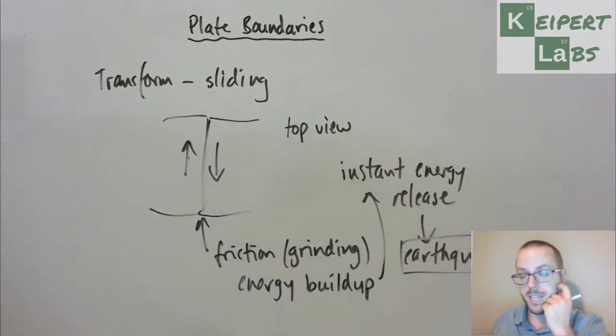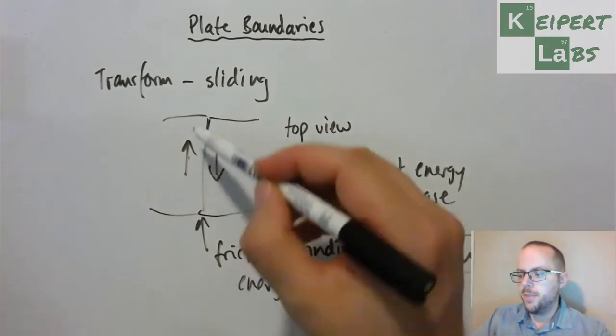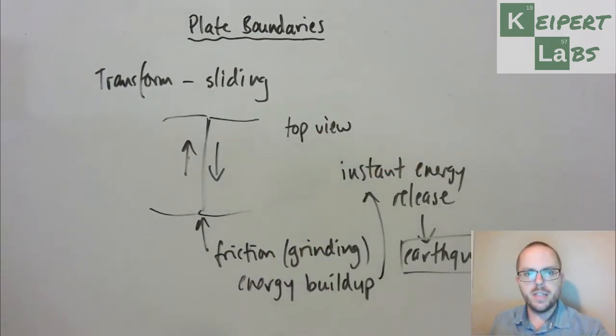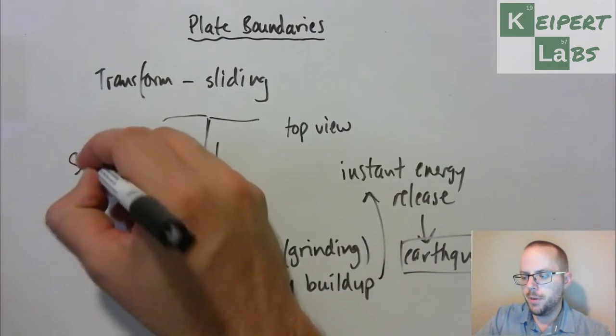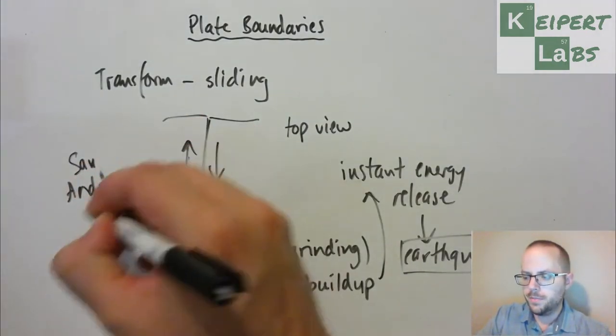They can happen at other places because of that idea of friction and grinding, instant energy release as opposed to slow movement. But transform boundaries like this are notorious for them because there's so much in contact, so much moving past each other. A classic example, as I've mentioned in the previous video, was the San Andreas Fault.